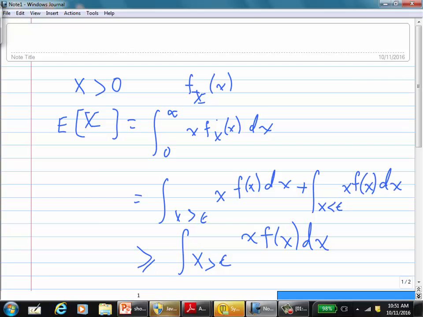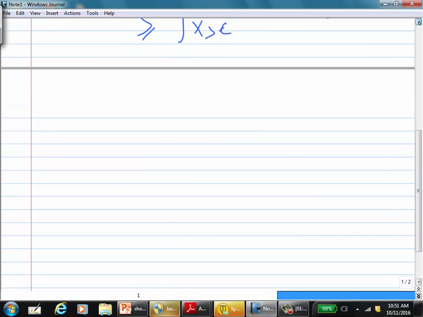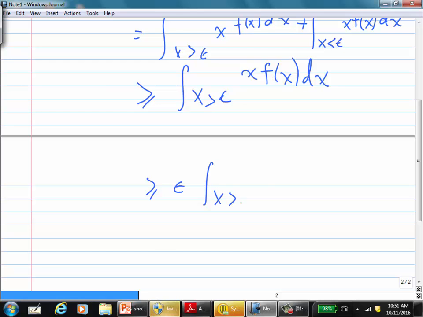Now when you're calculating this integral, you're looking at values of x greater than epsilon. So that means I can write this further as greater than or equal to epsilon times the integral over x greater than epsilon of f of x dx.